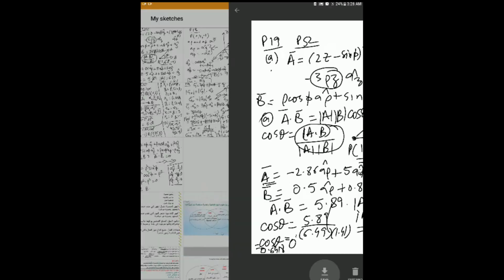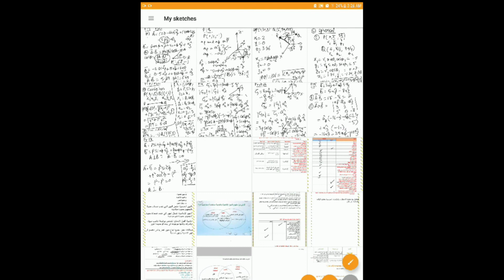So I just save it, start a new one, and in the B part of this same question, I have to find a unit vector perpendicular. So I have A and B, and I want to find this vector.